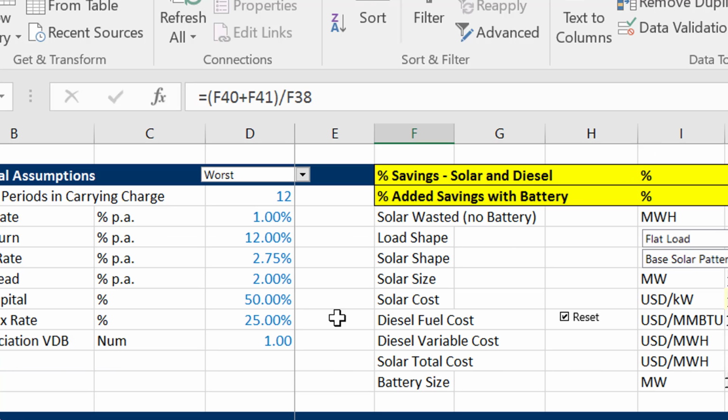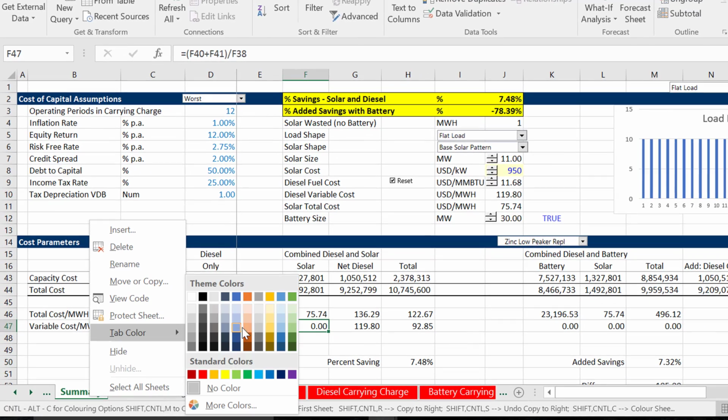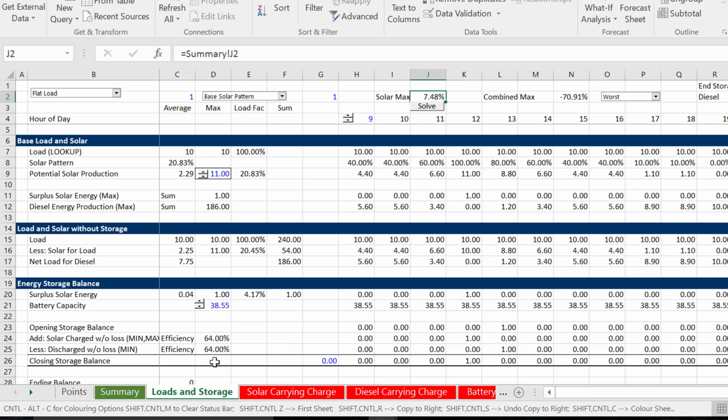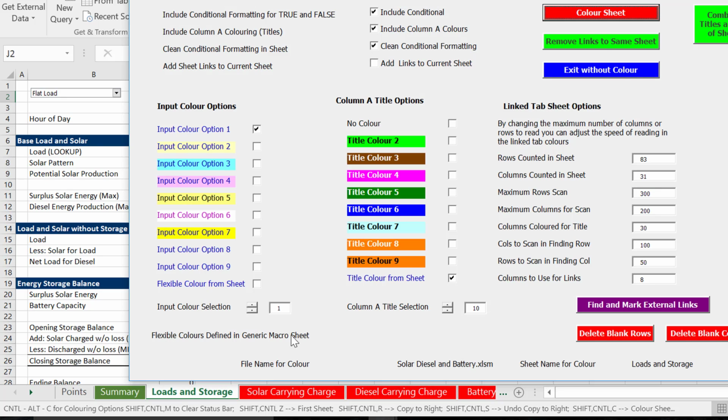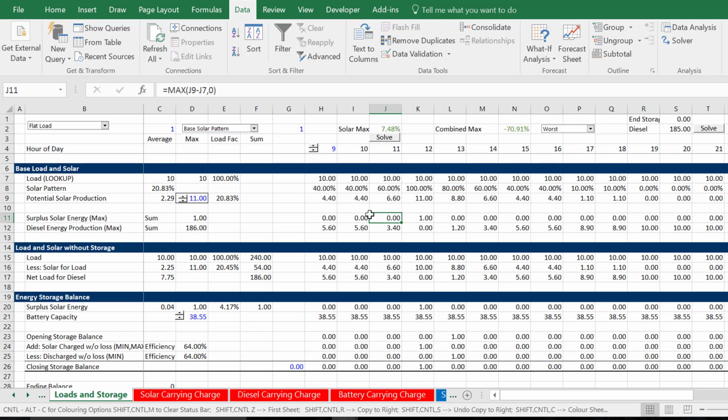Suppose I could have, let's make it, how about a green sheet? All right, I'm sorry to keep doing this, but I'm terrified that somebody might just watch one video and not really see all this work on the generic macro.